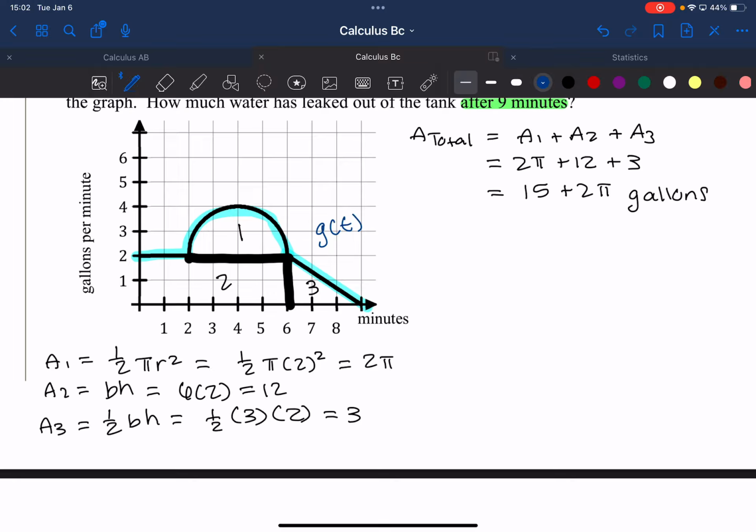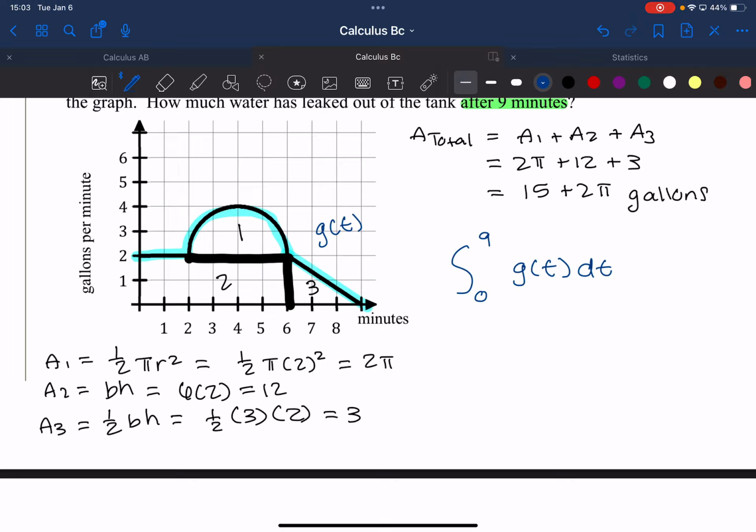We would need to find the area between what two values? 0 we're starting and 9 we're stopping, so from 0 to 9. Then we write our function, in this case g of t, and then we write dt. You always end it with dt, dx, dy, whatever that variable is.